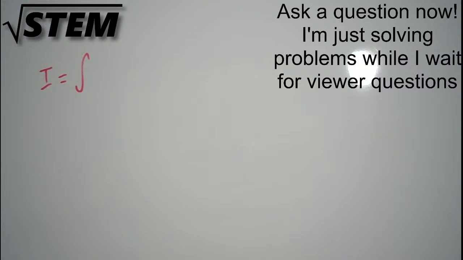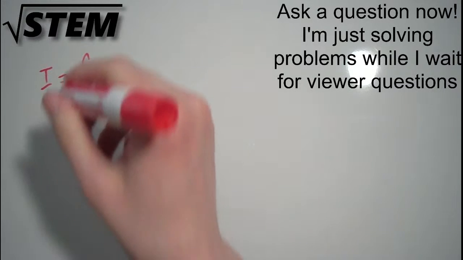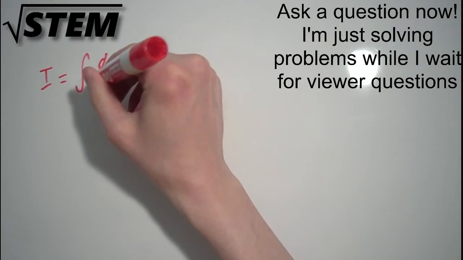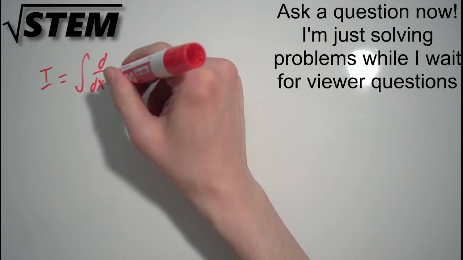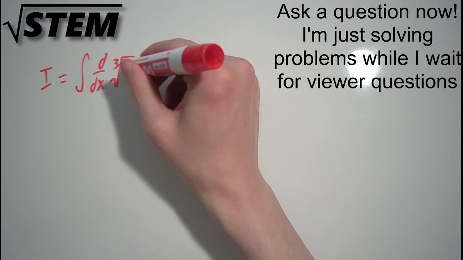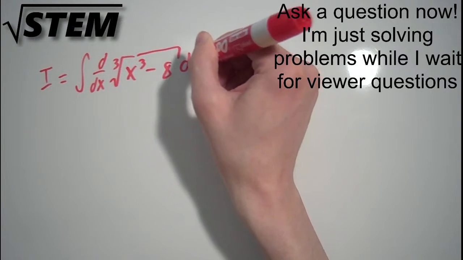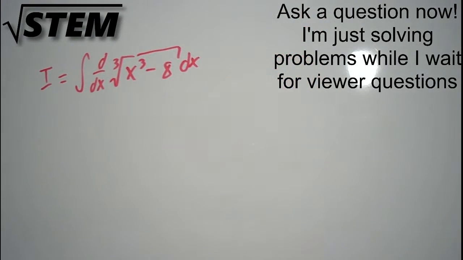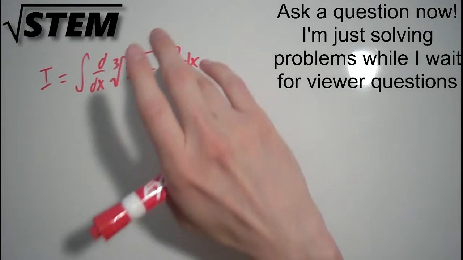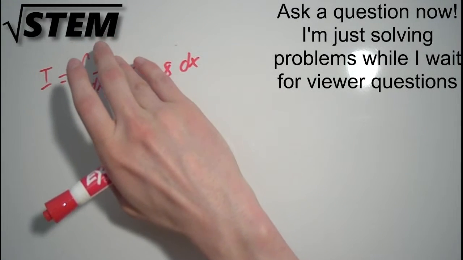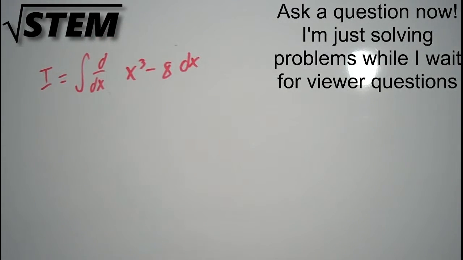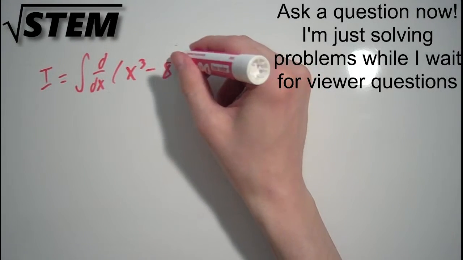Okay, here's what I was going to try the other night. Okay, so first thing I want to do is rewrite that cubed root as a 1/3 power, so it's a little easier to see what we're doing with the derivative.